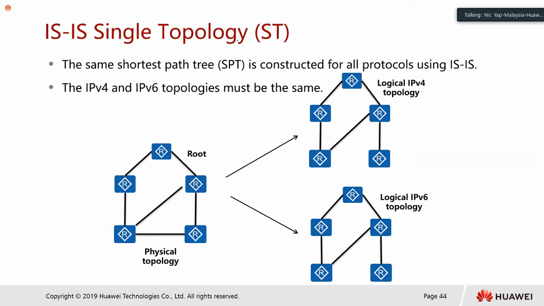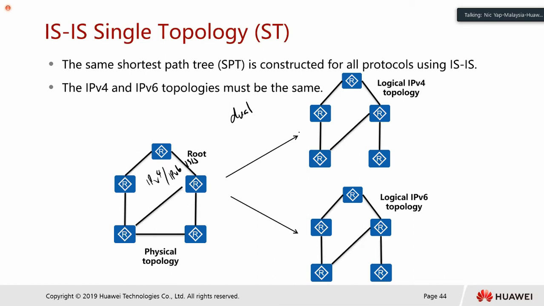V4 and V6 topology must be the same when they are running the single topology. Let's say you are using dual stack. With dual stack, you have ISIS V4 and V6 running together. So that is what I'm running over here, IPv4 and also IPv6 ISIS. It's already running. So the SPF calculation is done on this physical topology, and they are going to form the same topology for IPv4 and also IPv6.